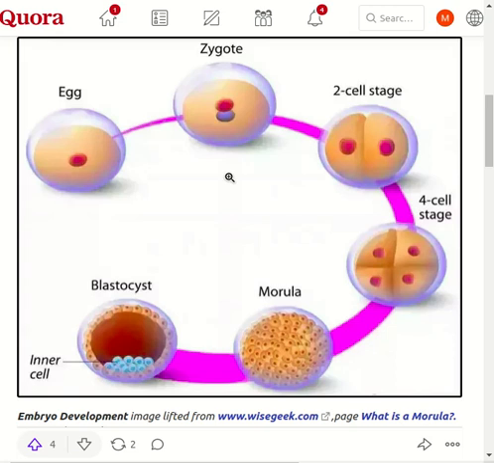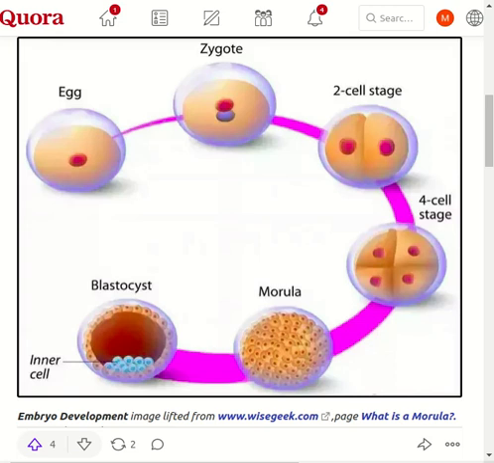Mitotic cell divisions, so mitosis, and this is called cleavage. So the first division divides the zygote to produce how many daughter cells? 2. The second division, which is completed about 40 hours after fertilization, produces 4 equal blastomeres. By day 3, the embryo consists of 8 to 16 cells.